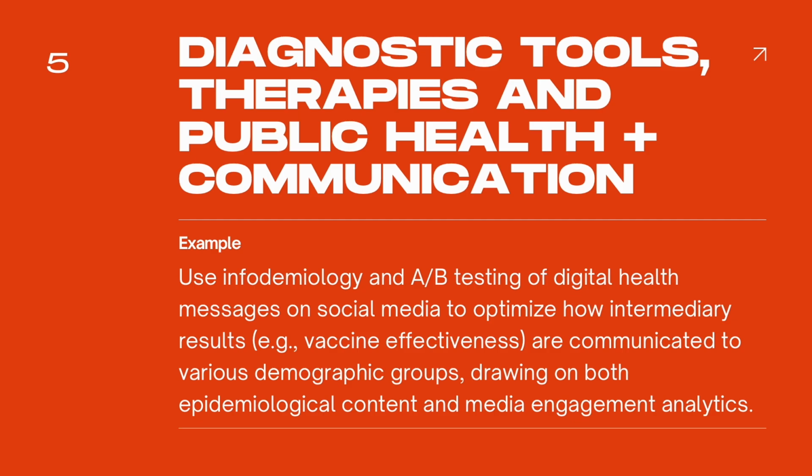So you could run an info campaign with various framings of vaccine effectiveness messages, then measure engagement and comprehension across different demographics, and then directly feed those insights back into your policy brief, which you could produce as one of your dissemination and communication activities.